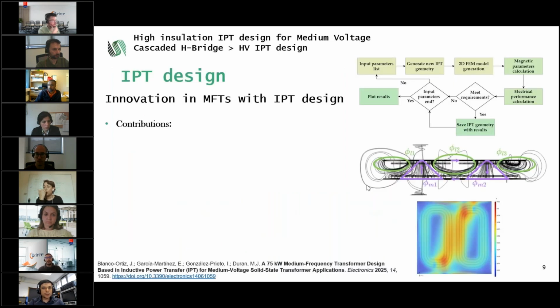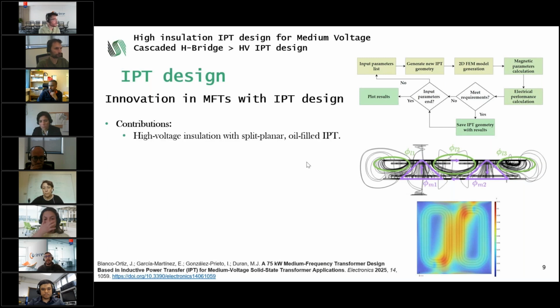This design has been shown in our last research paper that we sent in recent months, and it's based on this medium frequency transformer designed as an inductive power transfer system.